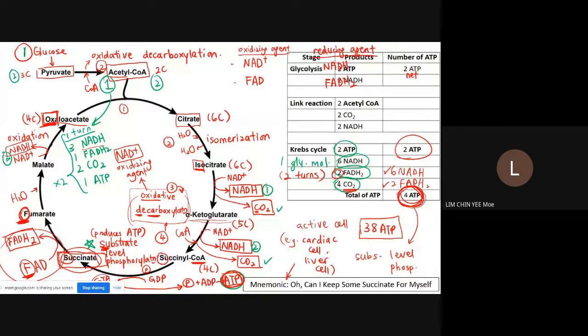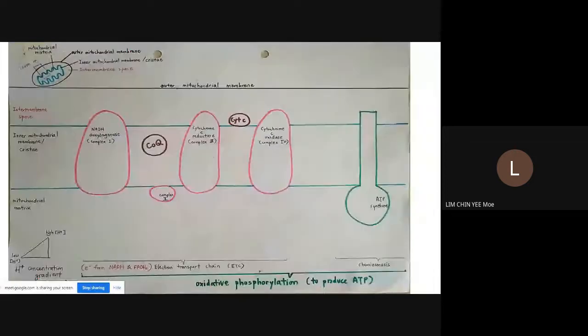We still have a lot of energy stored in NADH and FADH2 in the form of electron. Kita kena keluarkan energi dari elektron ini, dari NADH and FADH2. Itulah kenapa kita perlu sambung dengan last stage, which is oxidative phosphorylation.